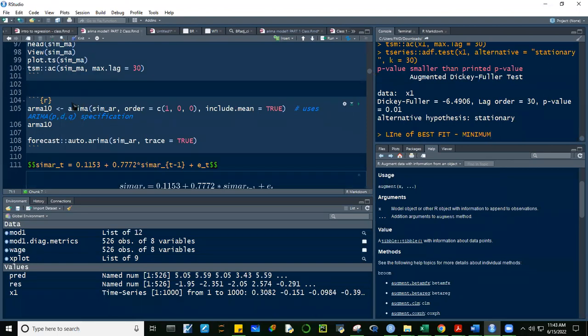This one, this ARIMA, guys, it's not ARIMA.sim, it's ARIMA. It will help us generate the model. No?